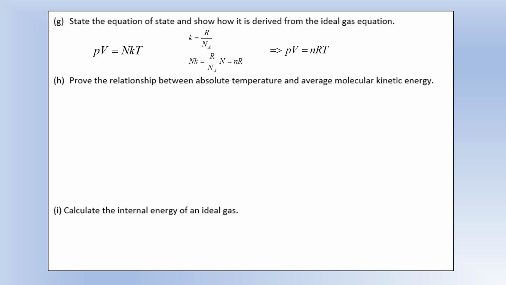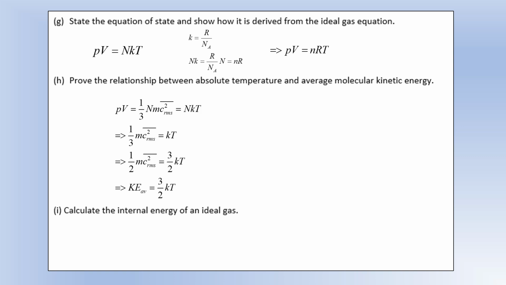So the last thing we're going to do is look at the relationship between the average molecular kinetic energy and temperature. From our kinetic model, we got to the point where we worked out what the pressure of the gas is based on one molecule of gas colliding in one direction.